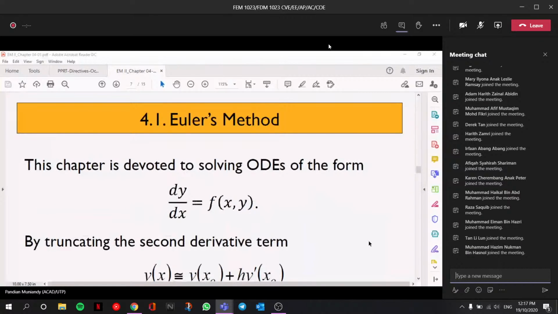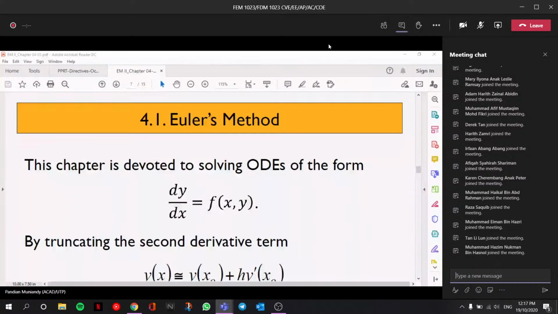Now this chapter is about solving the ODE. Which ODE? First order. This first order can be in the form of separable, linear, exact, non-exact, also Bernoulli.